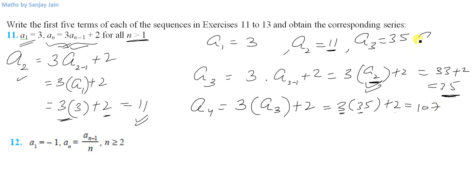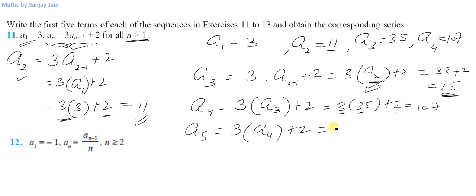So A4 is 107. What about A5? A5 is equal to thrice of A4 plus 2. So it is 3 into 107 plus 2, which is equal to 7 3s are 21, so 321 plus 2, 323. This is the fifth term, or A5.